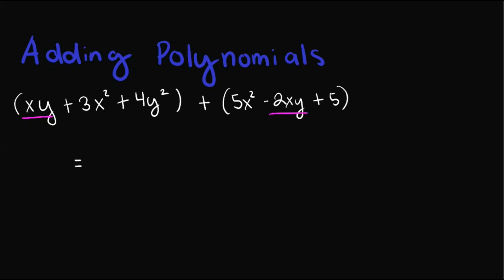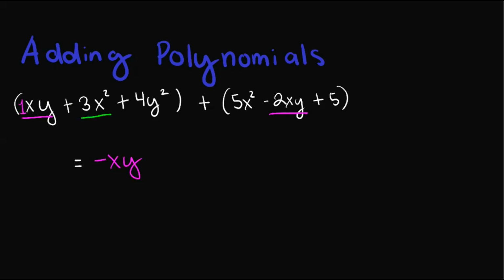Again, since xy in here doesn't have a coefficient, we assume that it is 1. So we add that one. So 1 minus 2xy would give us negative xy. For the next term, we have 3x squared.